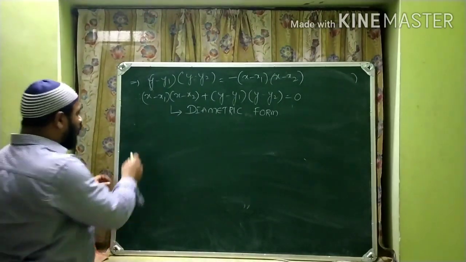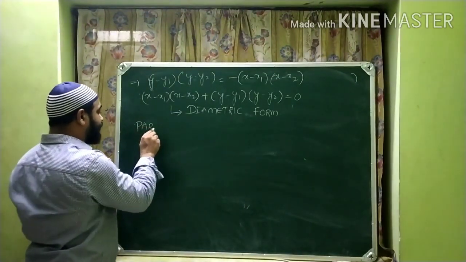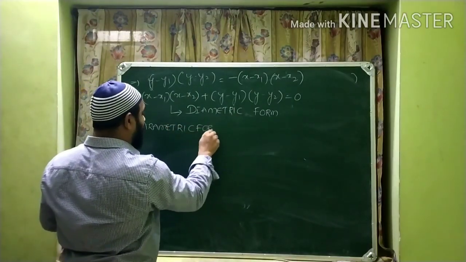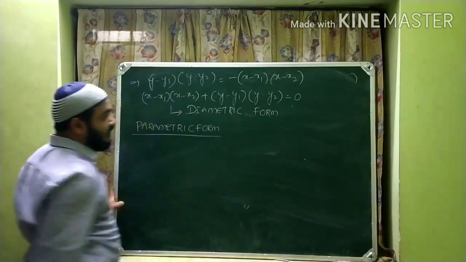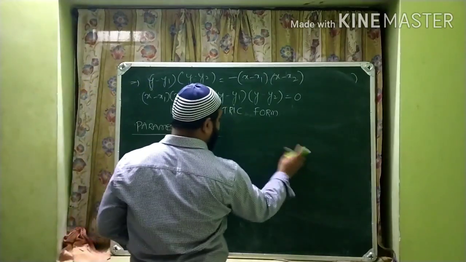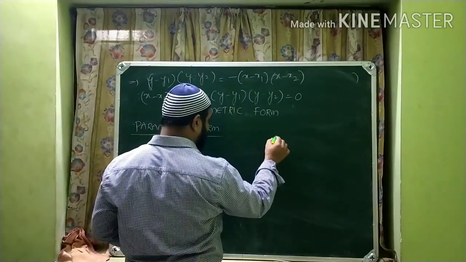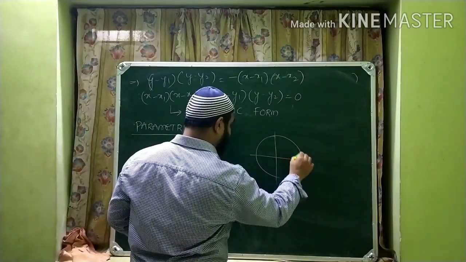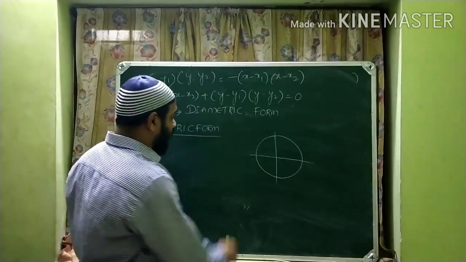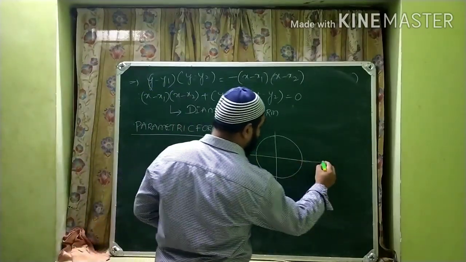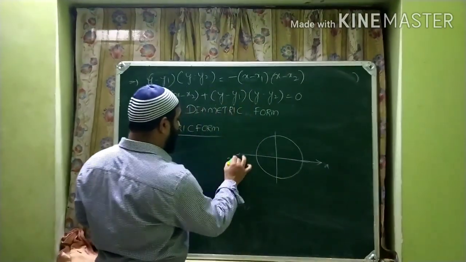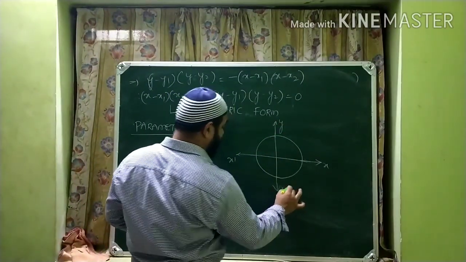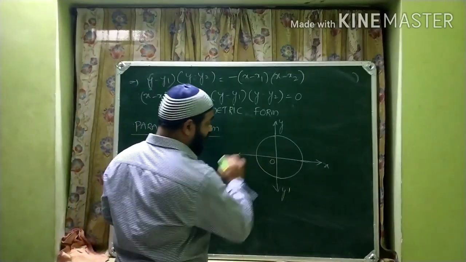So now the parametric form. So if I take one circle like this, so this is positive x-axis, negative x-axis, positive y-axis, and this is a negative y-axis. Okay, so this is the origin.